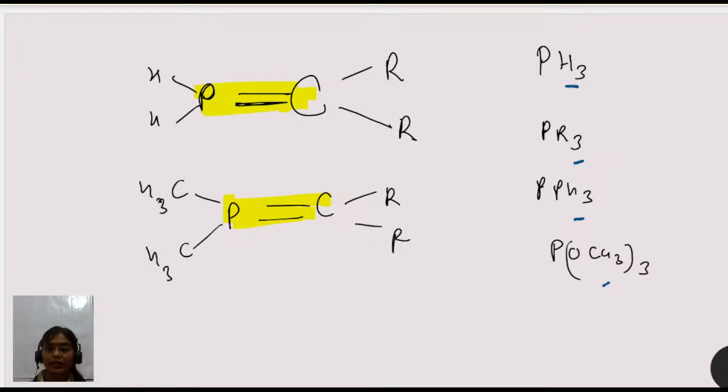Listen, my point is that if I'm having a phosphorus and a carbon, which one gets a negative charge or a positive charge?